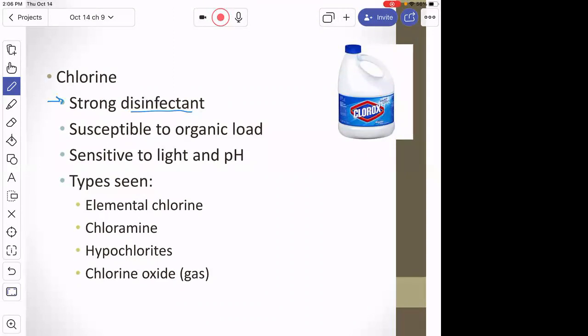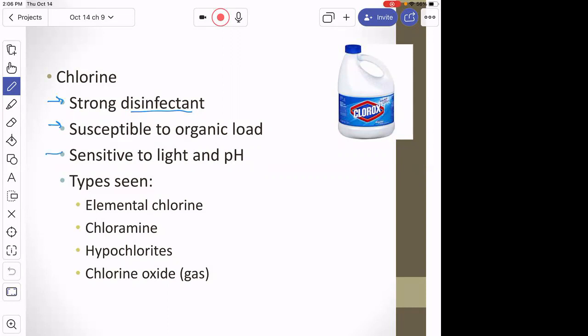But commonly, we're going to use this, again, on non-living objects. When we use it in a pool, we're using it in the water to cleanse the water. And it is quite susceptible to organic loads. So if you've got a big mess to clean up, you've got to clean up the mess first and then bleach it to make the disinfection work.